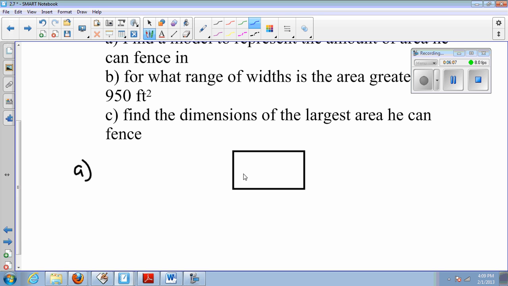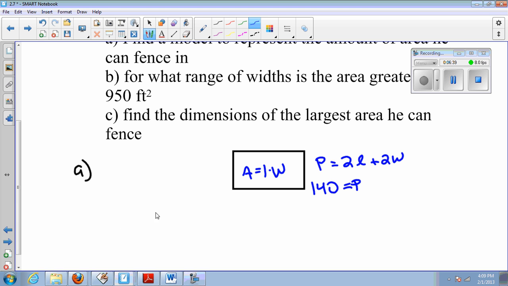And we know on a rectangle, area equals length times width, and perimeter equals 2L plus 2W. To fence the area, we only have 140 feet of fencing, so our perimeter total is 140.